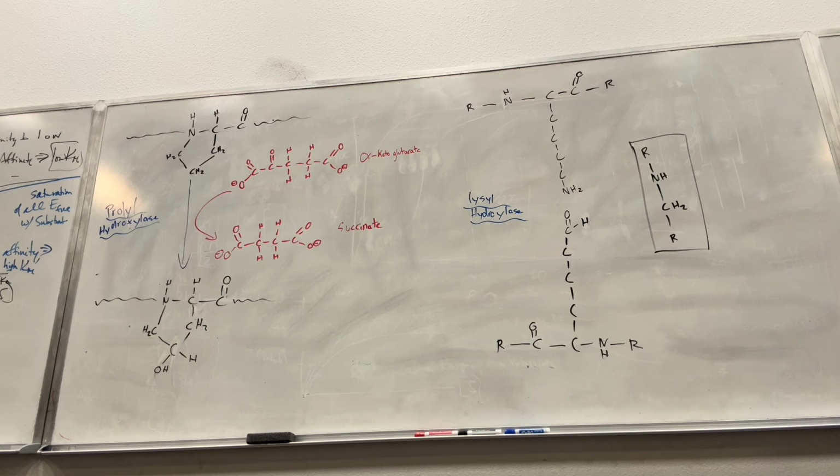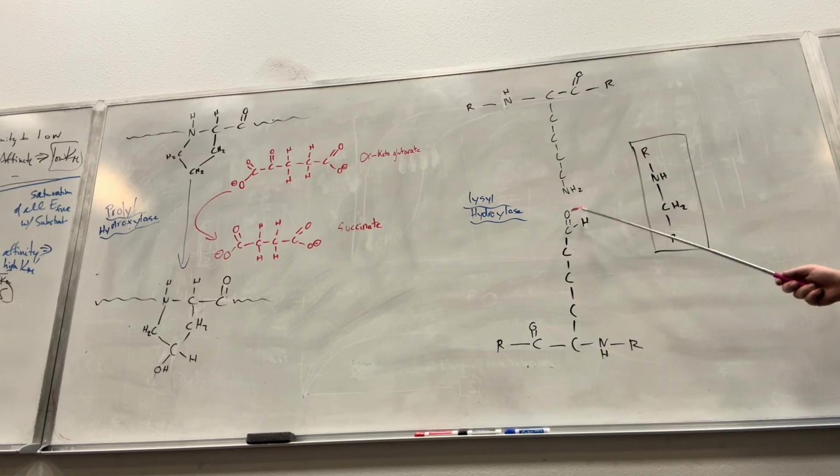I'd have to look at it one more time just to make sure I'm saying the right thing, but we have this one and we have this one. They're both initially lysines on two separate triple alpha helices that are next to each other. What's going to happen is I'm going to use lysyl hydroxylase and I'm going to literally bond them together.